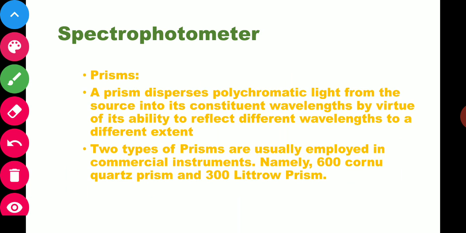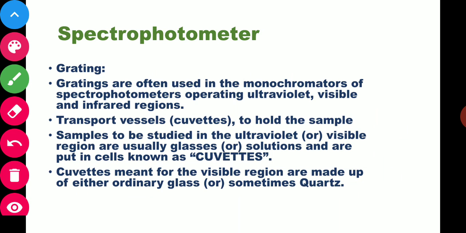A prism disperses polychromatic light from the source into its constituent wavelengths by virtue of its ability to refract different wavelengths to a different extent. Two types of prism are usually employed in commercial instruments, namely the 60° Cornu quartz prism and the 30° Littrow prism. Gratings are often used in monochromators of spectrophotometers operating in the ultraviolet, visible and infrared regions.